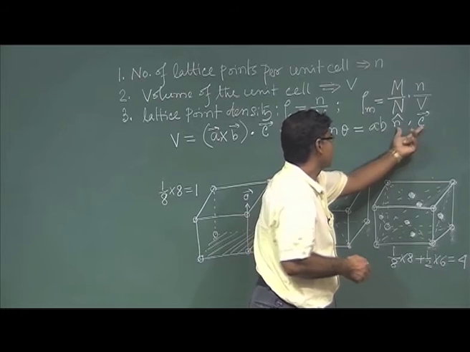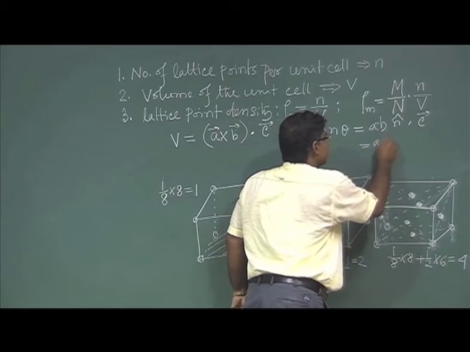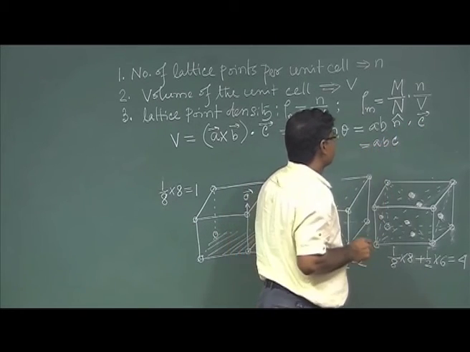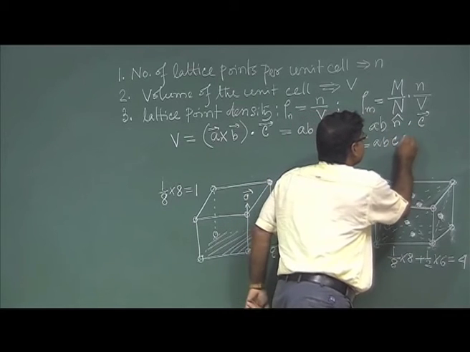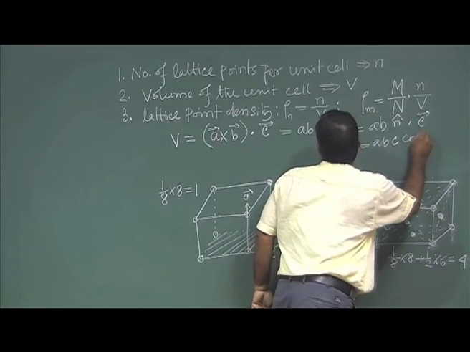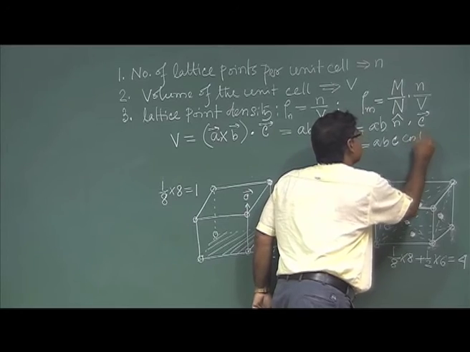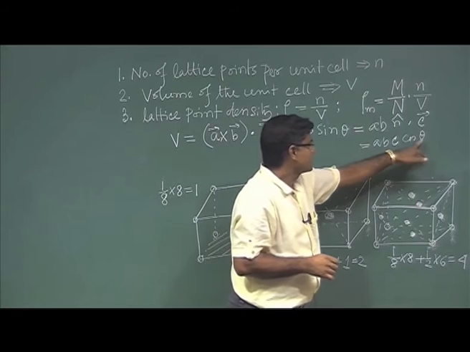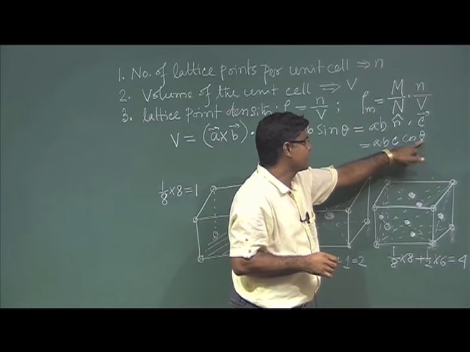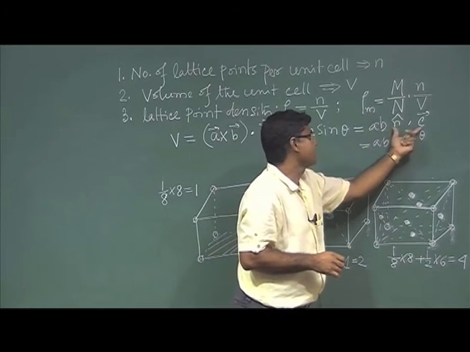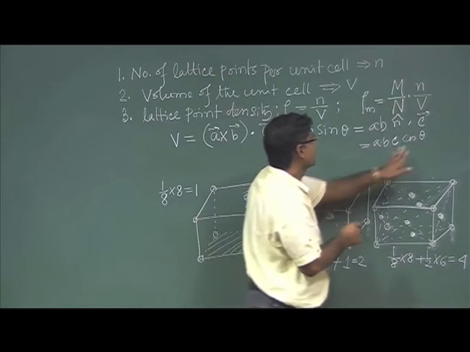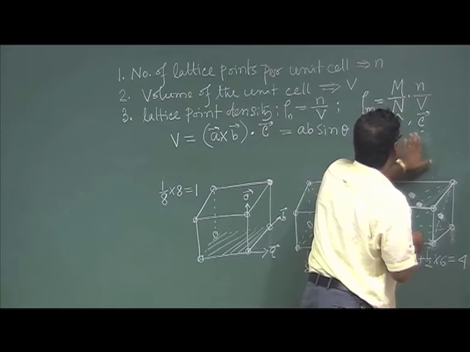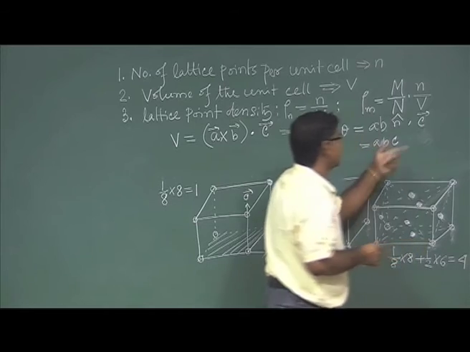So this cross product, if I take A, B, C and cos theta, where theta is 0 because they are in the same direction, cos 0 is 1, so it will be ABC.